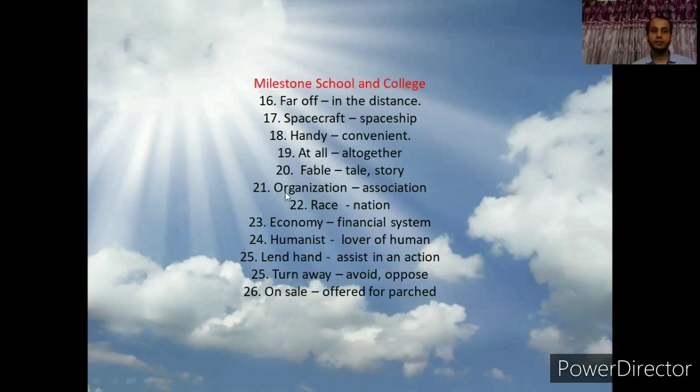Number 21, organization, and its meaning is association, race, nation. Economy, financial system. Humanist, lover of human. Lend a hand, assist in an action. Turn away, avoid, oppose. On sale, offered for purchase.